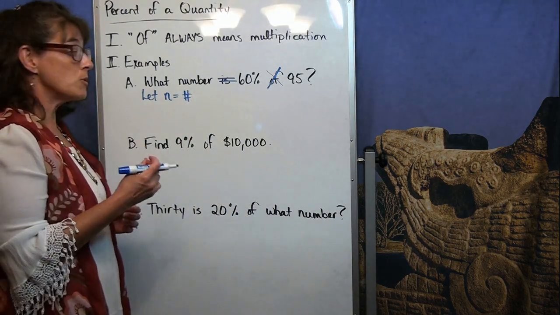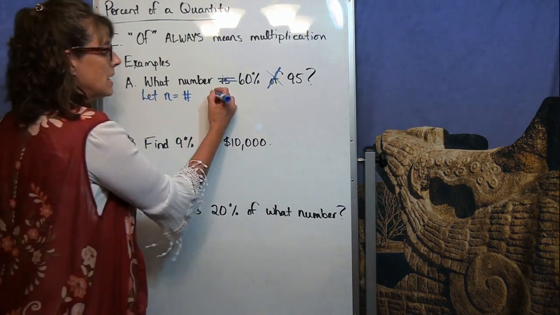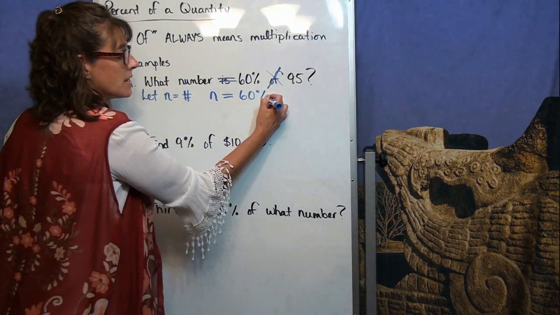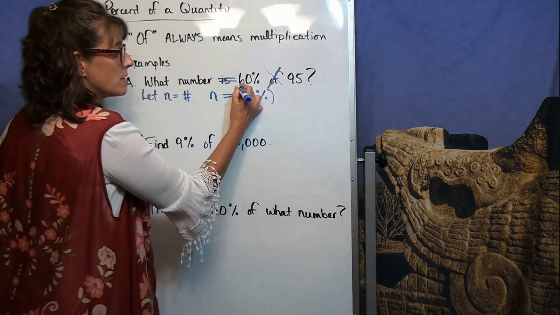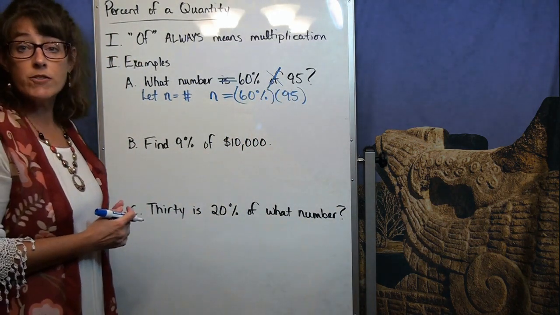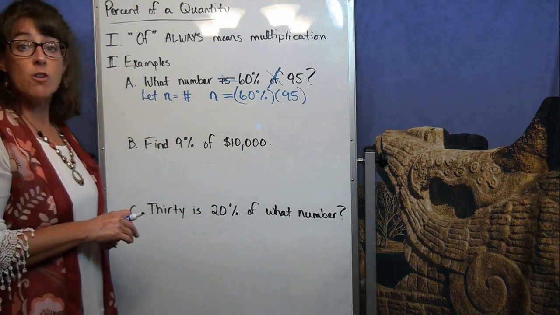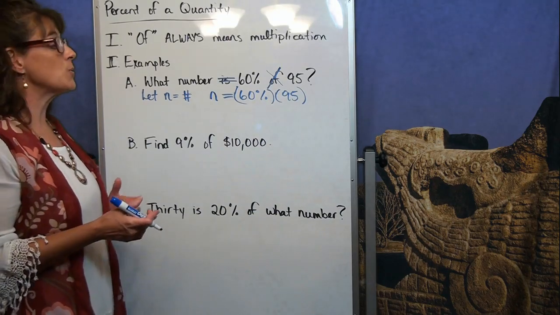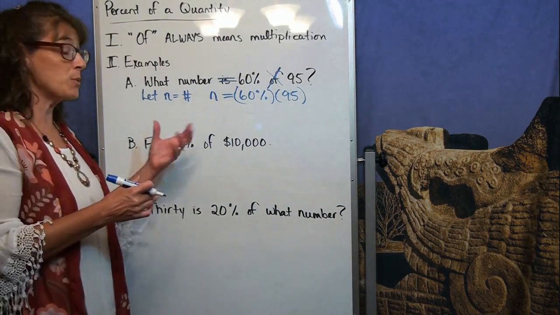And what that does is it allows me to establish an equation. N equals 60% times 95. And now all I have to do is solve that equation. Pretty easy to solve because all I have to do is take 60% times 95. Now the problem is we cannot use 60% as the percentage in that way.